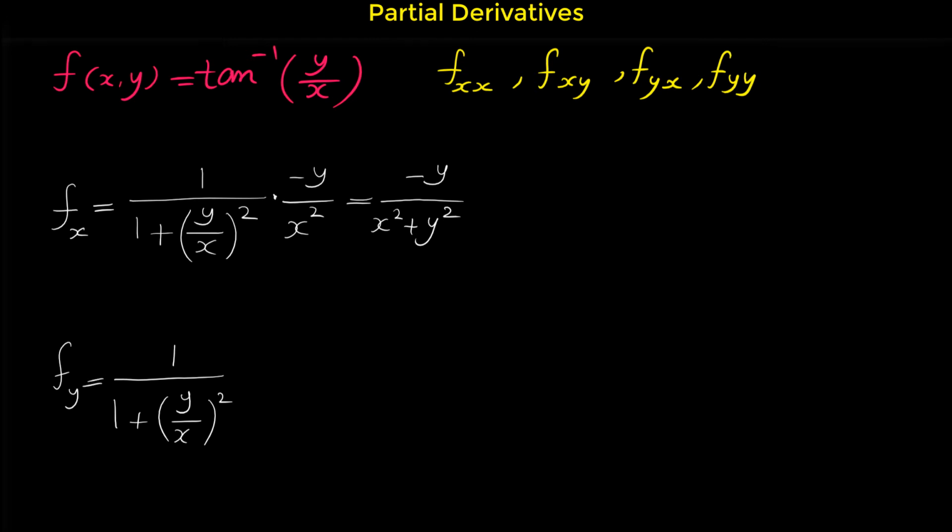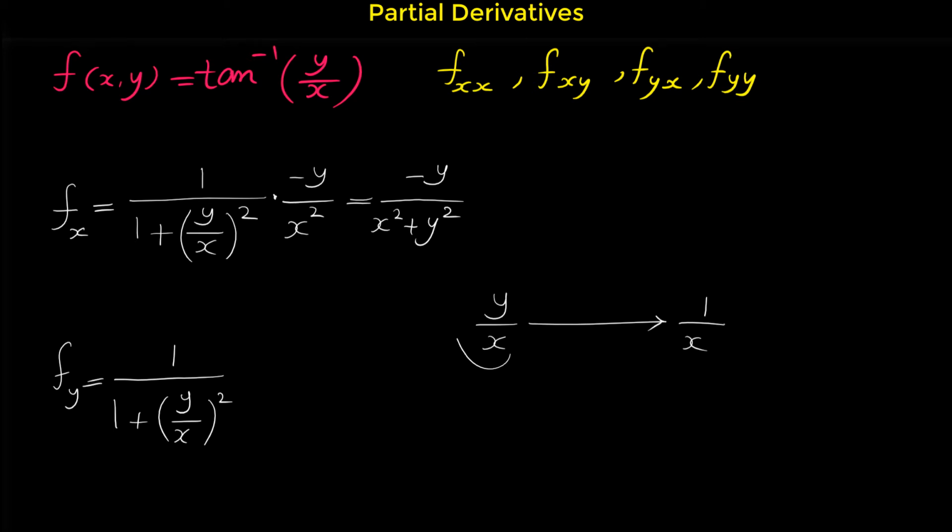Derivative of y over x with respect to y is 1 over x. Here, for finding derivative of y over x with respect to y, we don't need to use quotient rule. Note that the variable y is only in numerator, and in denominator we don't have any y.